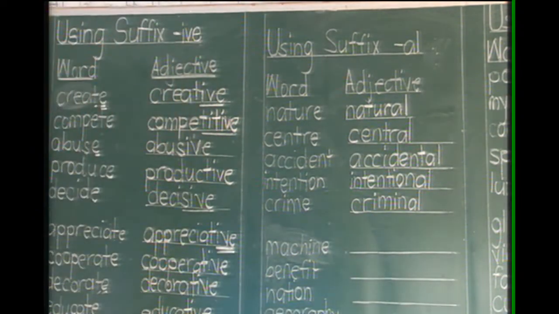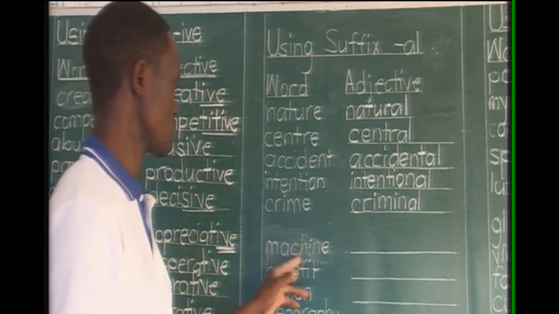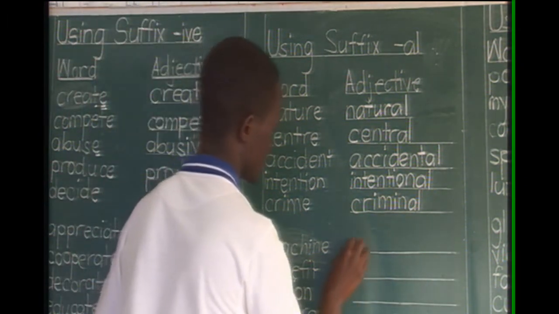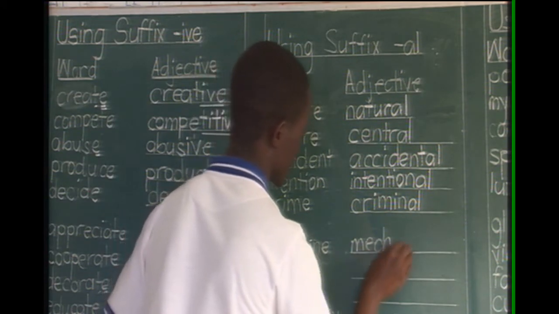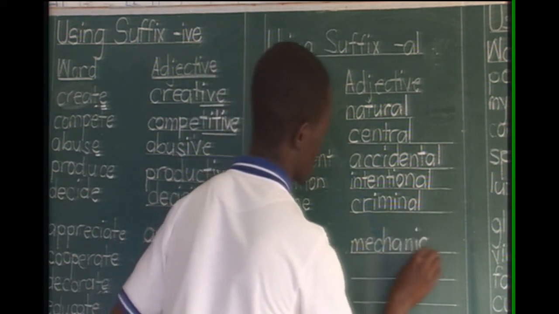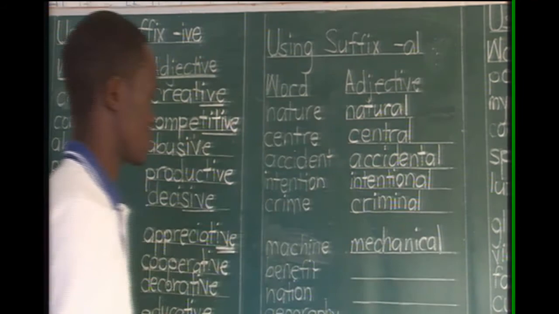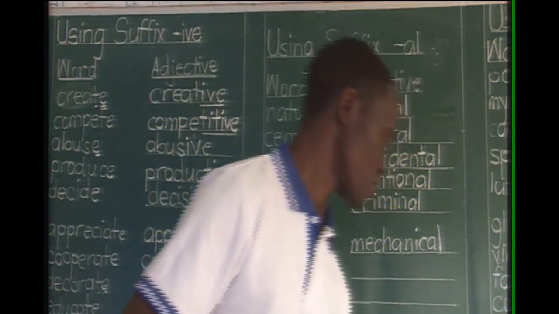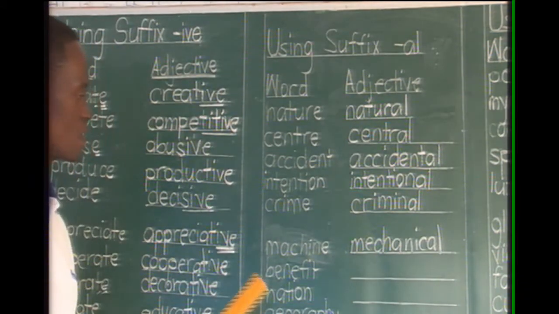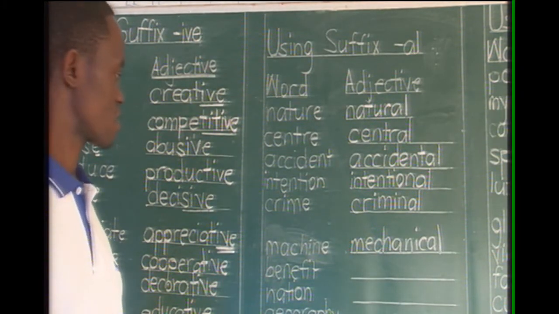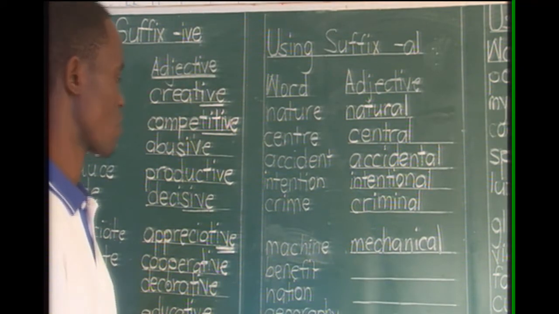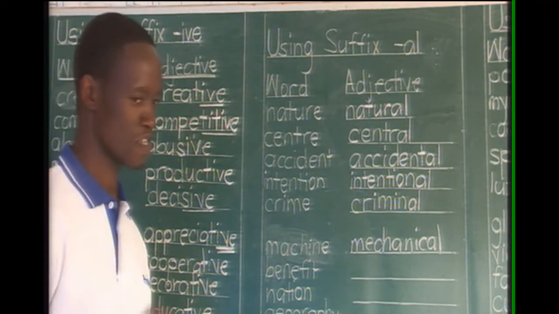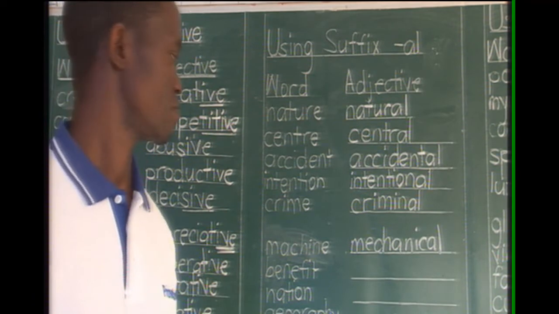Next is machine. Machine has its adjective as mechanical. Yes, from machine we form the adjective mechanical. Next is benefit, noun, and benefit, the verb.